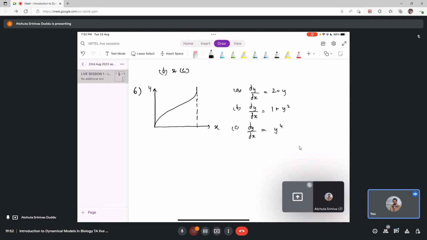Another thing you can do is use your computer or a plotter. You can find many plotters on the website where you can just plot these equations to find out the curve exactly.